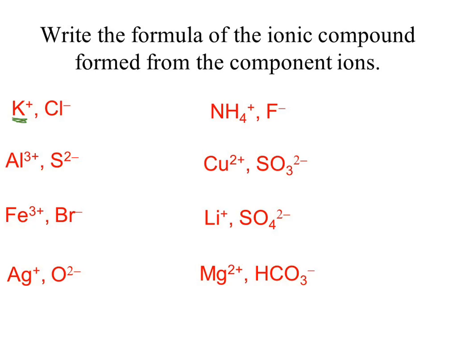So that's all cool. When we see just a plus, really that's a +1. When we see a minus, really that's a -1. So in the crisscross method, you take the number of the charge on the cation, and that's the number of anions you need, and the number of the charge on the anion, and that's how many cations you need. So you just see the crisscross.